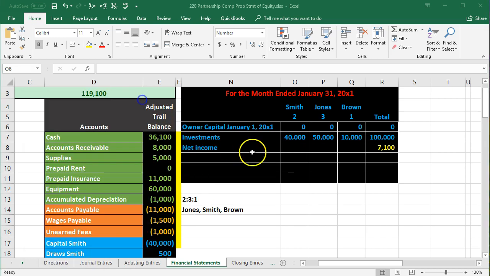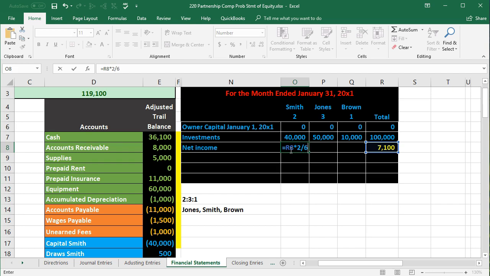So we'll do that same calculation here. I'm going to say this equals the total times 2 over 6, and that could be rounded here. If I add decimals, it's actually a little bit different, but I'm going to round it here.